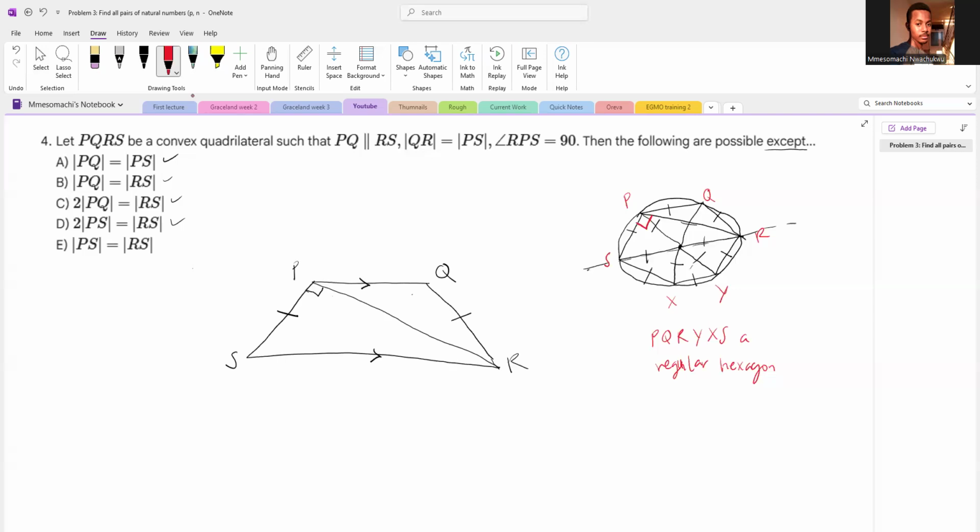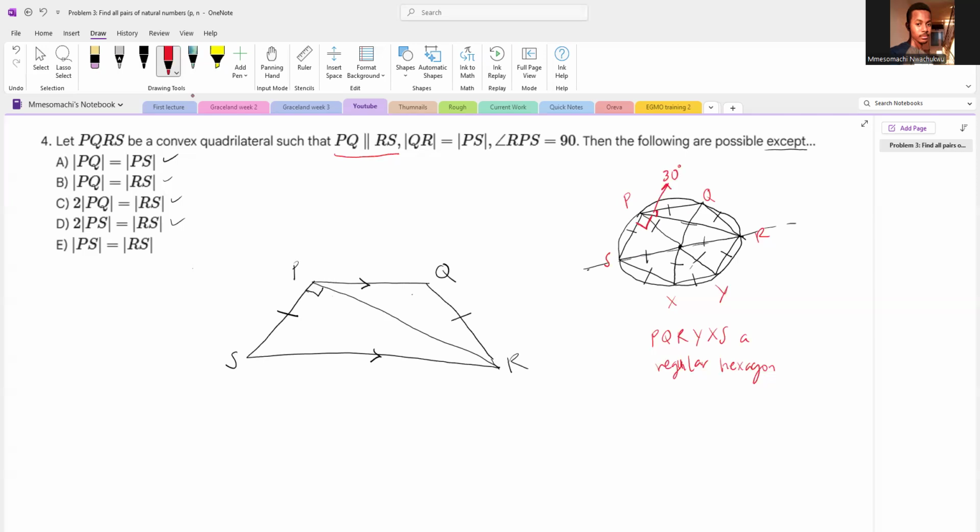Okay. So what remains is that we want the parallel condition to hold as well. So we can quickly get that. Recall that in a regular hexagon, all the angles are 120 degrees. So this angle here, RPQ, is going to be 120 minus 90 degrees, so that's 30 degrees.